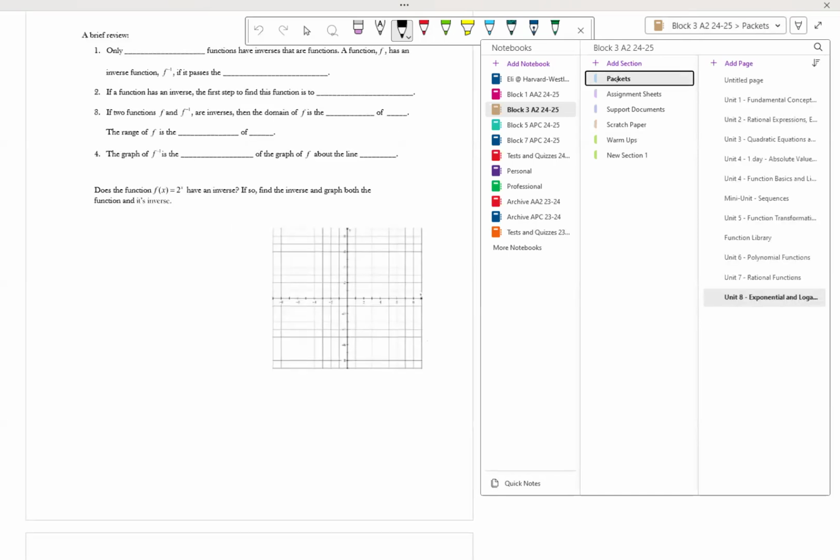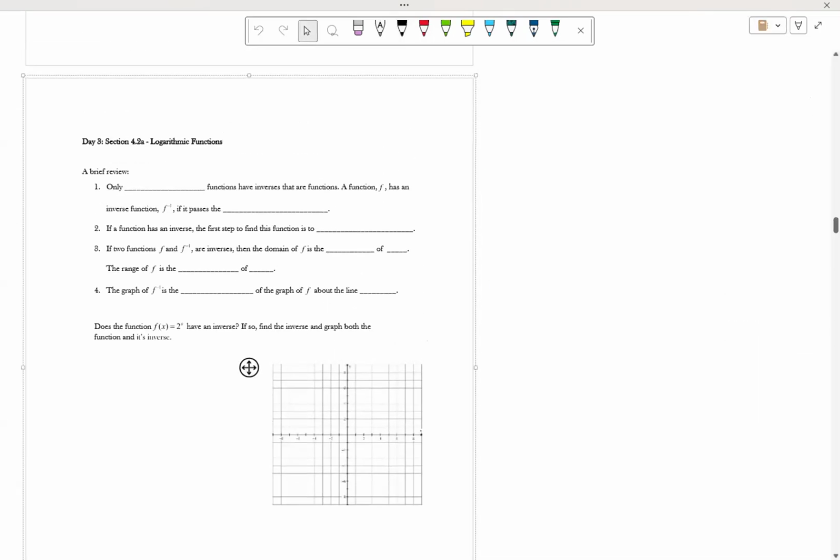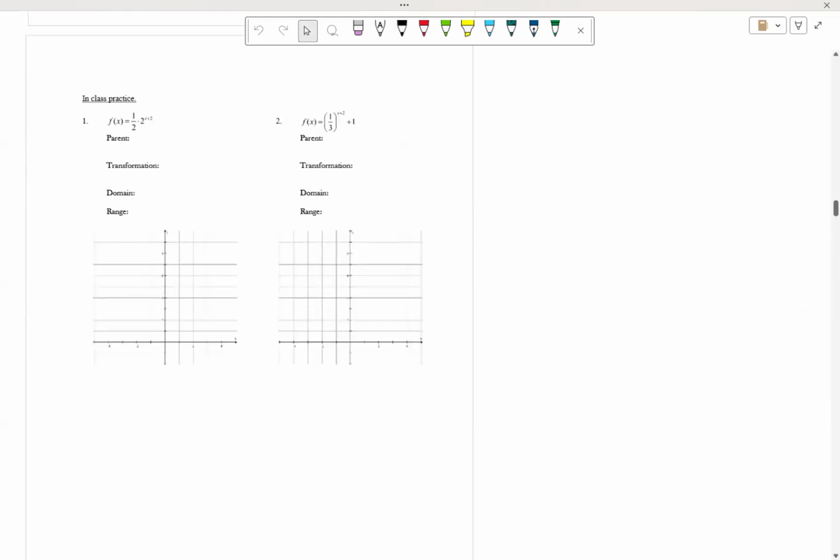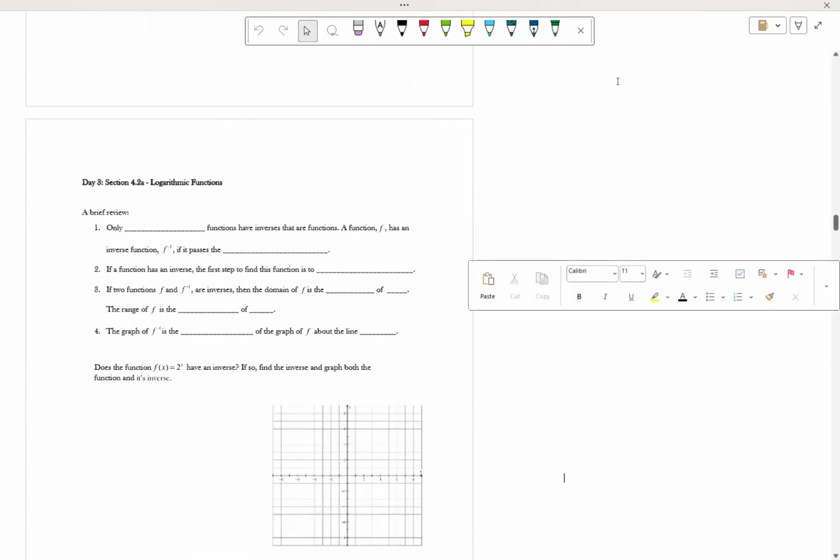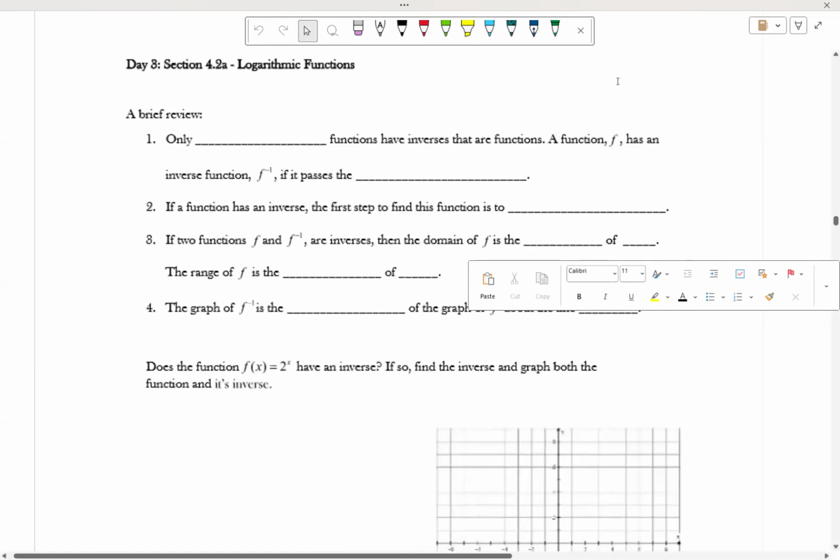So packets. We're going to go right to page 29. Okay, I'm going to give you a moment to read through this. Try to fill in the blanks to the best of your ability.